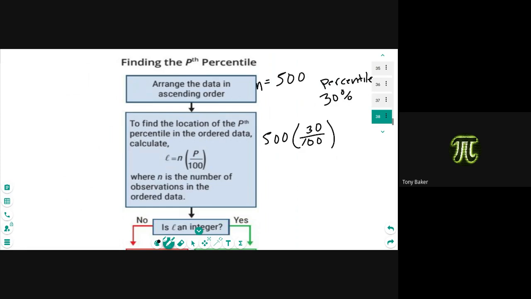What's L? L is the value, the location. That's the next step. In this case, it's 150, for the case that I just did.